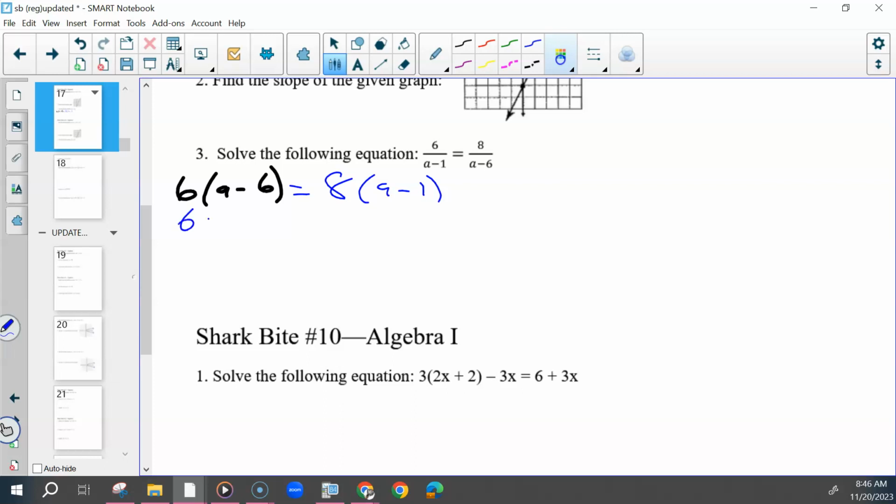Distribute, so we have 6a minus 36 equals 8a minus 8. And then we could move. So let's say I subtract 6a and add 8.